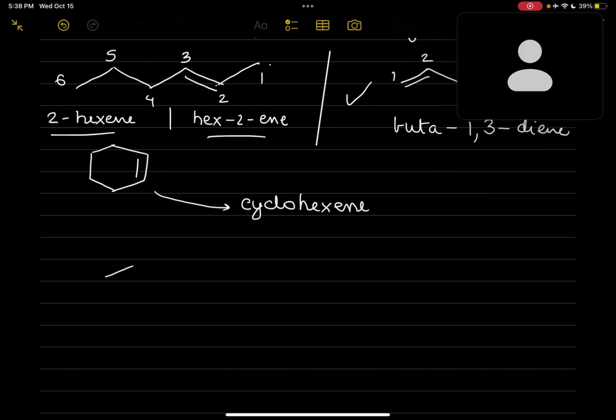Okay, so let's try to name this compound.